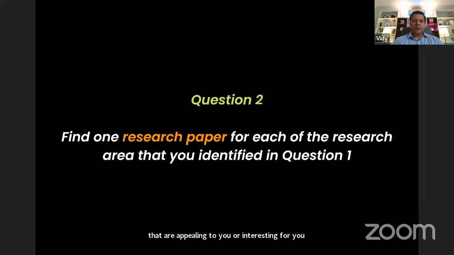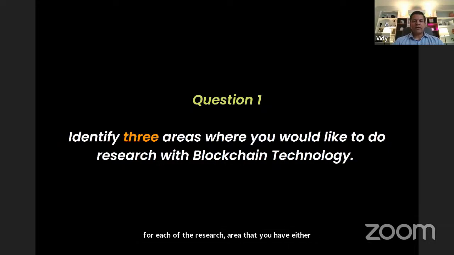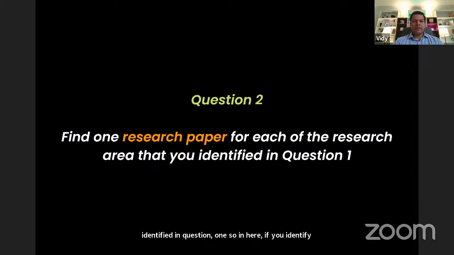Next, I want you to find one research paper for each of the research areas that you have identified in question 1. So if you identify 3 areas, here you can find one paper for each area.